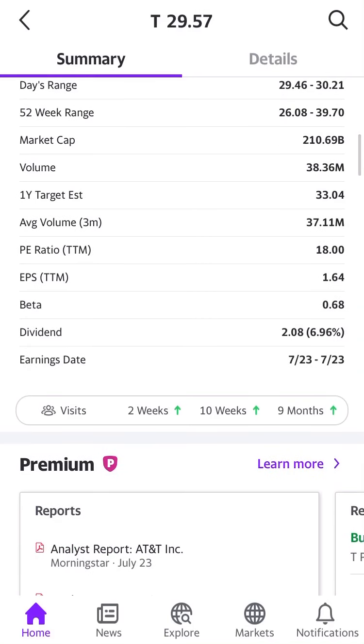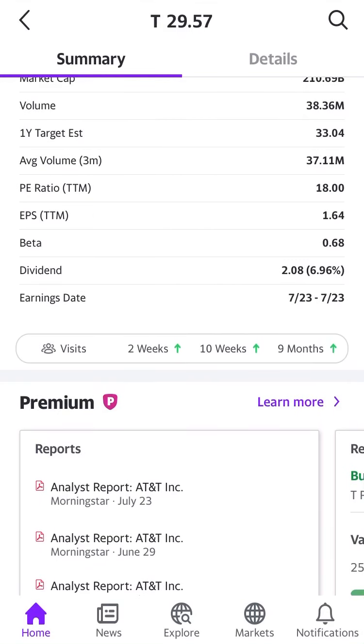Now, the price earnings ratio, that's a little important. That's 18. That's basically the price compared to the earnings of a share. This is how some people value stocks, to determine if they're overvalued or undervalued. Moving on down, we have the earnings per share. That's definitely important.